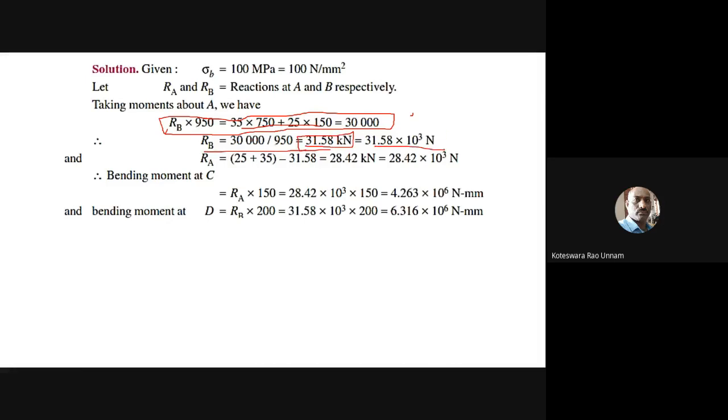That can be converted into newtons just by multiplying by 10 cubed. Then from the 60, if you subtract this 31.58, you will get RA as 28.42 kilonewtons. So we got RA and RB: one is 31.58 kilonewtons, another one is 28.42 kilonewtons.